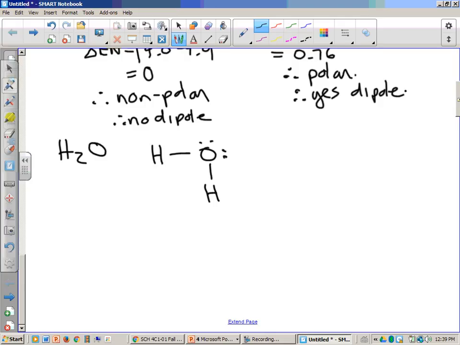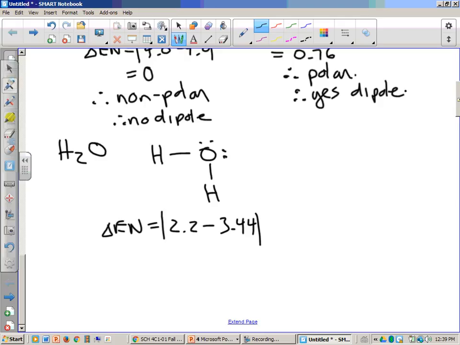So we just need to look at the electronegativity between oxygen and hydrogen. We're looking at the bonds. So delta En, 2.2, I got that one. 3.44? 3.44, just take what you find on the periodic table. 3.4 would be fine. What do we get when we subtract those?